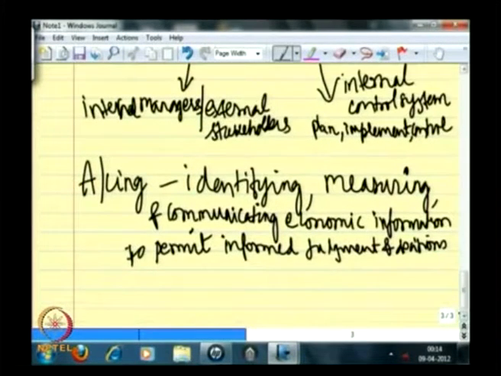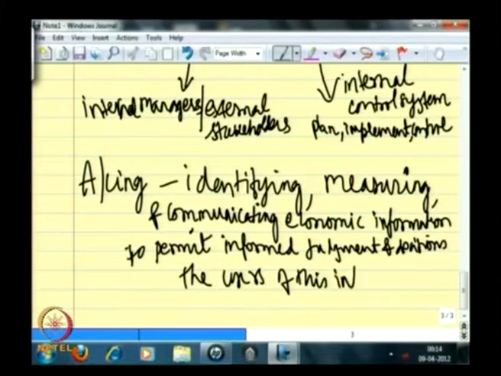The users of this information. So, in essence, accounting identifies, measures and communicates economic information to a specific set of user group who based on this information can take decisions or make an informed judgment. This in essence is the broad principle or the definition of accounting.